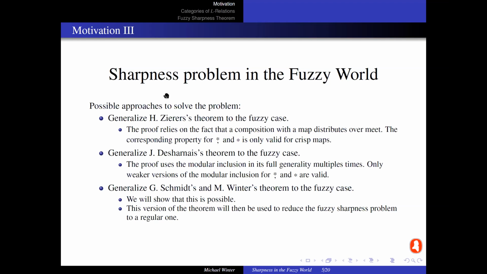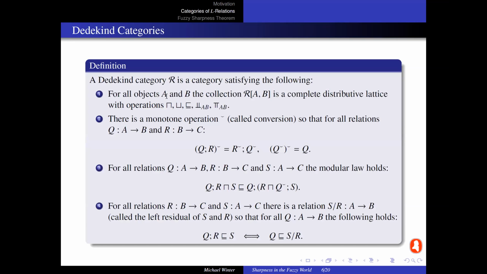So now let me introduce the tools or the theories which I'm using in order to do all of this. The first thing is over here, the definition of a Dedekind category. I don't want to go into details, but this is a general theory for abstract relations. It's a categorical structure, so all of those relations are typed in a sense.